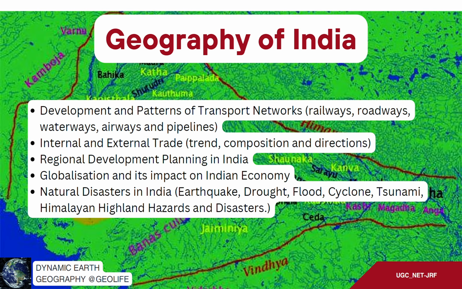And finally, development and patterns of transport networks, railways, roadways, waterways, airways, and pipelines with special reference to India. And internal and external trade composition and directions, regional development planning in India, globalization and its impact on the Indian economy, and natural disasters in India like earthquake, drought, flood, cyclone, tsunami, and Himalayan highland hazards and disasters.